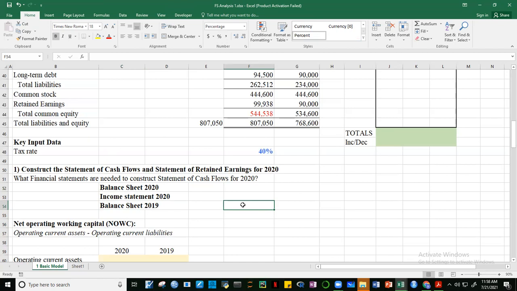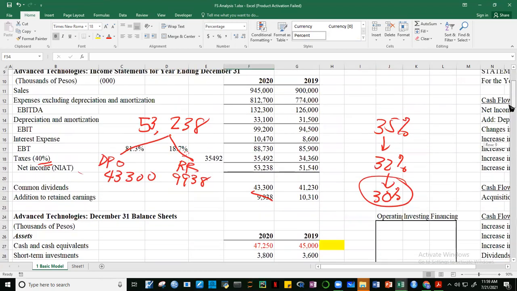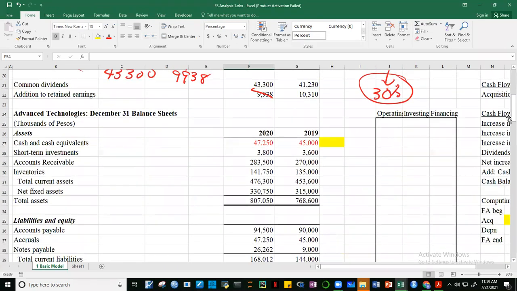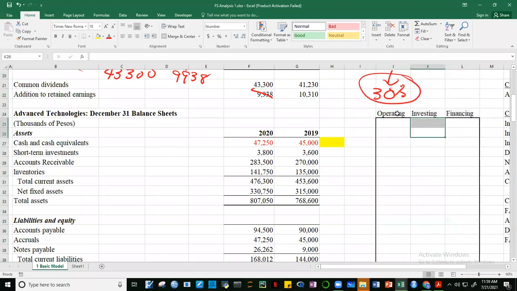Okay, so that's what we're going to do now, no? So we don't need actually the balance sheet or income statement for 2019. Kung gagawa ka ng cash flow ng 2019, kailangan mo yon. No? Okay, so let's go back here. Now, in order to construct the statement of cash flows, the best way to do this is to have a template. So here, nagka-create tayo ng template dito. Notice operating, investing, financing.